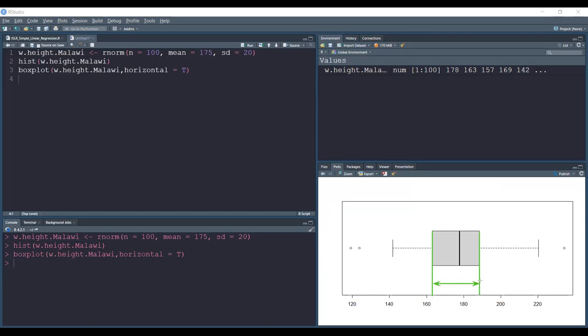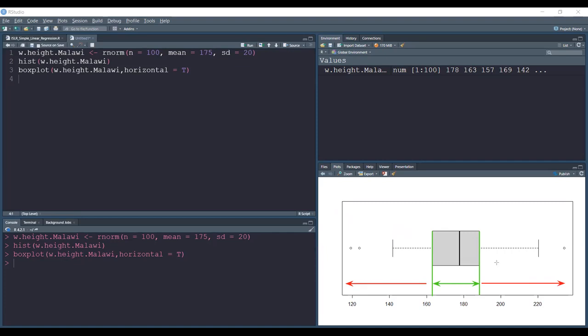Okay. So this is your lower 25%, your upper 25%. The green is the middle 50%. Think of it as the mainstream.